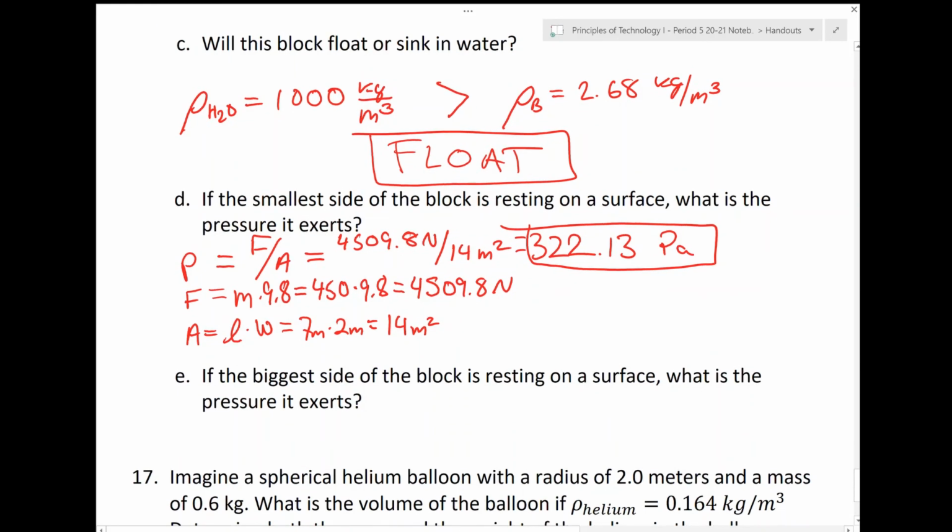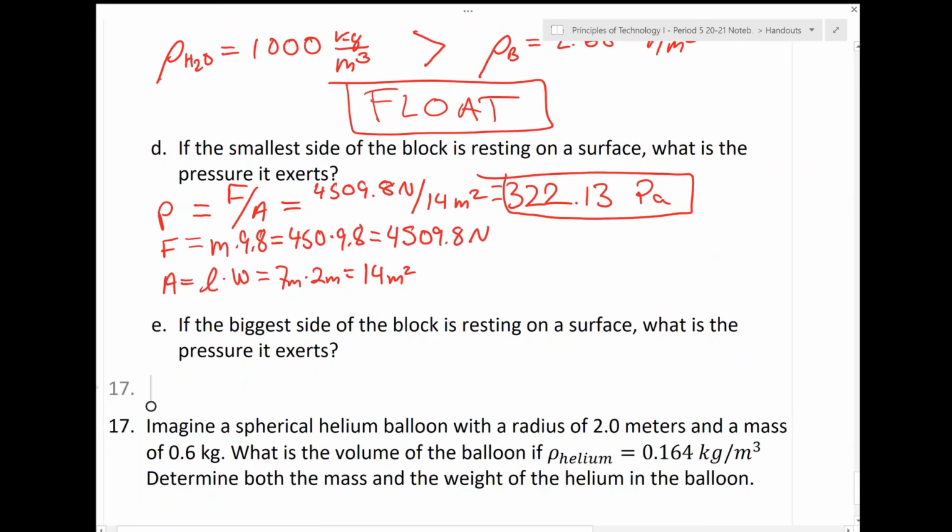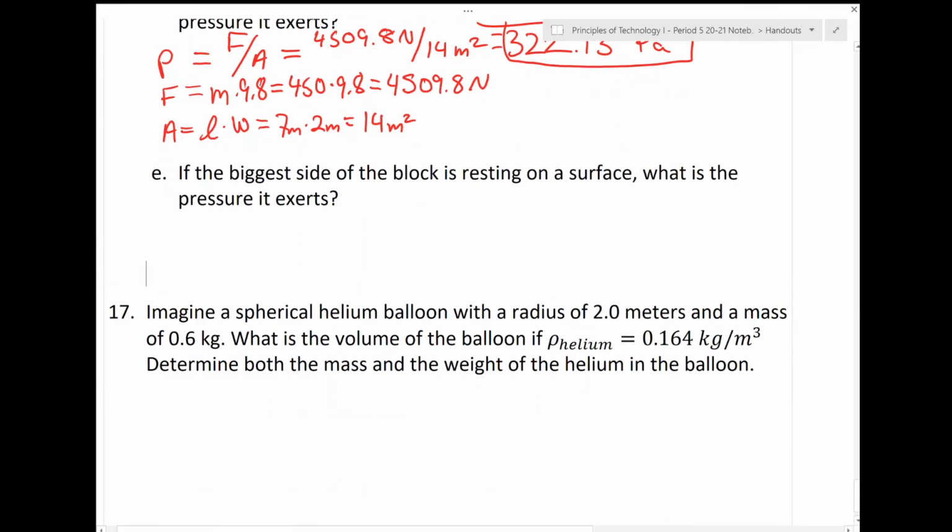Part E says if the biggest side of the block is resting on a surface, what is the pressure it exerts? So same problem. Force divided by area. The force we figured out above, 4,509.8 newtons.